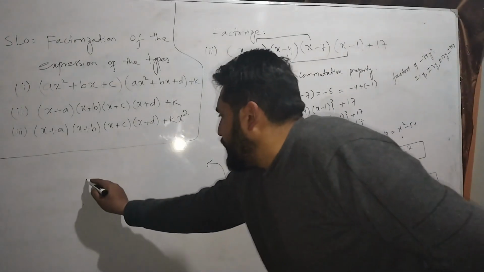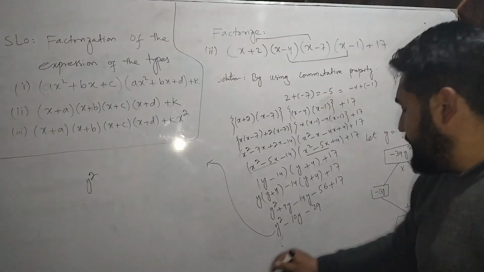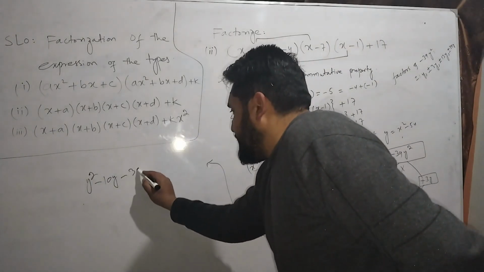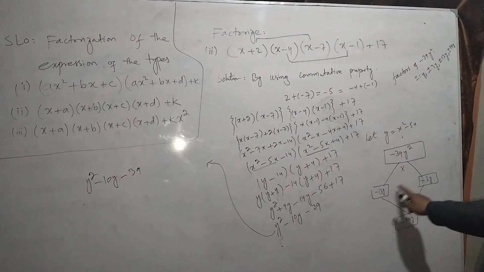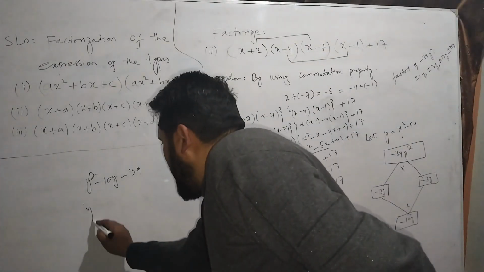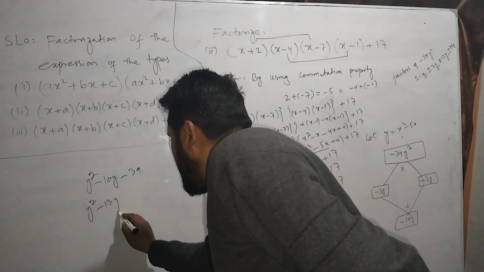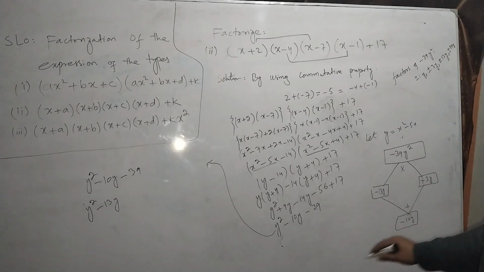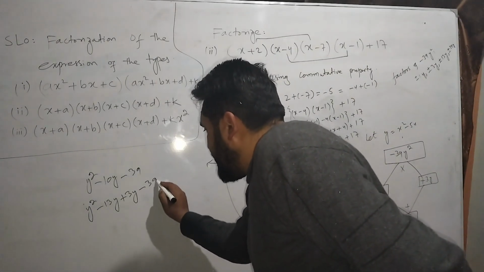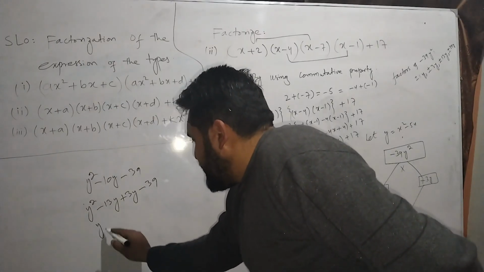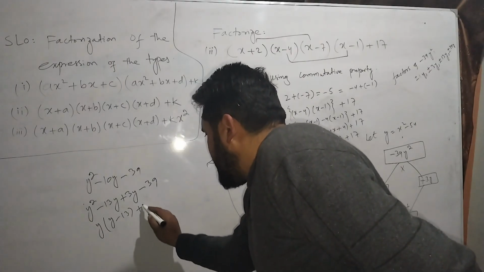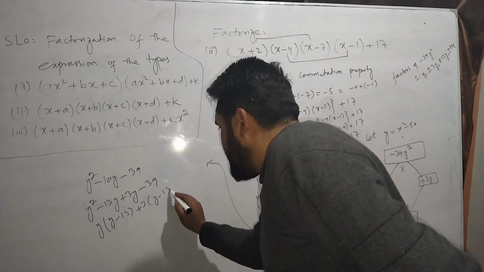Let's see what is our y square minus 10y minus 39. Okay, we use these factors to break down the middle term. y square minus 13y plus 3y minus 39. Now we take common from these two, that is y minus 13, plus 3 into y minus 13.